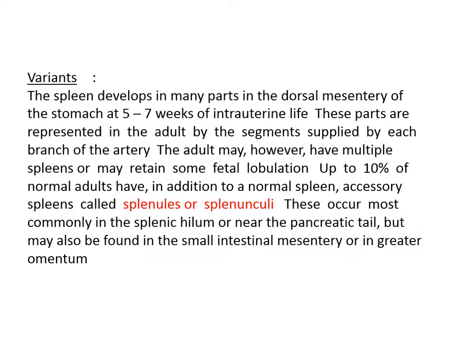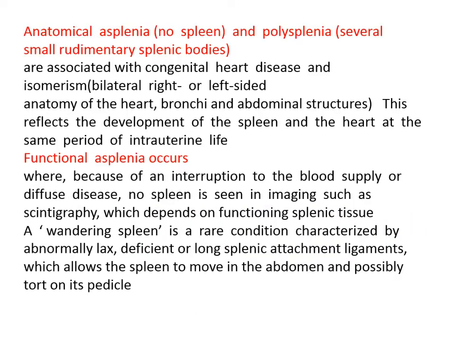They are very common, extremely common. You see them on every imaging modality, with contrast, without contrast, CT, MRI. They look just like the spleen, but small and rounded. They have a vein and artery also, just like a spleen, but small.